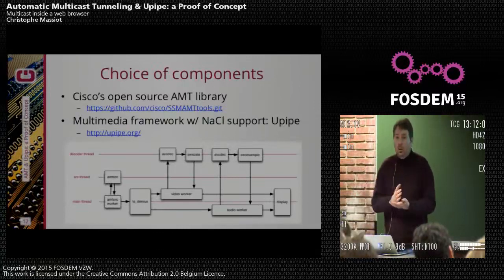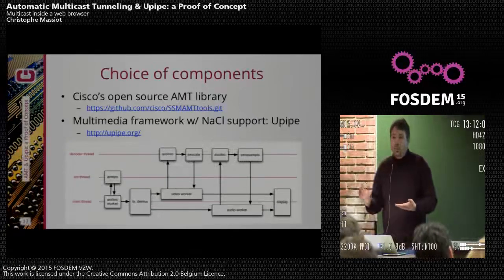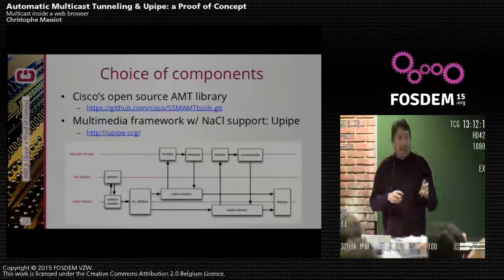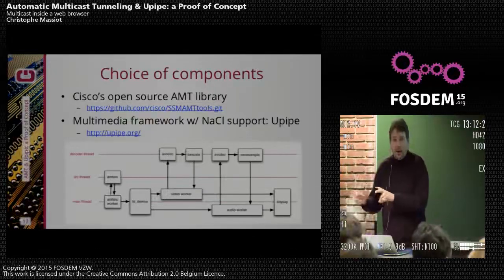So you have a call to open a socket, a call to join a multicast group, and a call to read from the multicast stream you want to read. And the library will do either SSM, standard multicast, or AMT after a timeout.